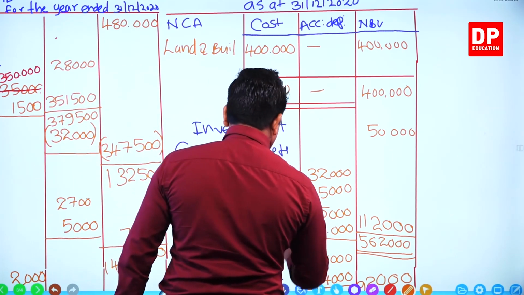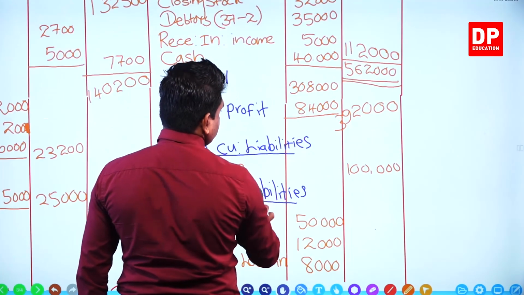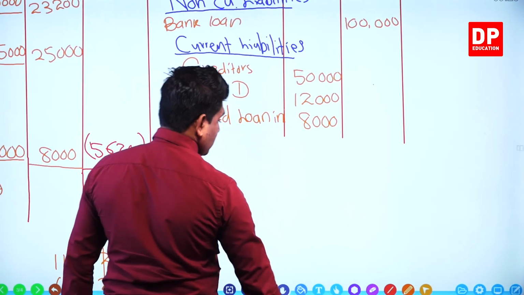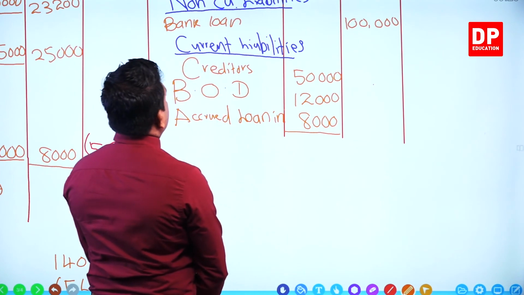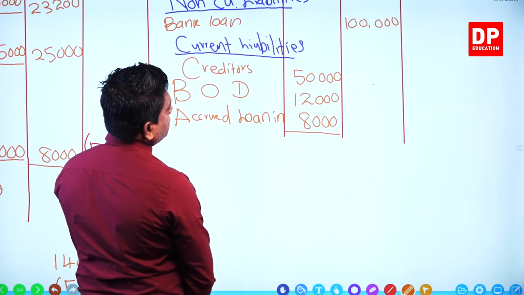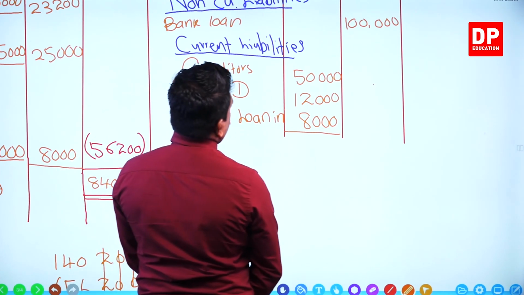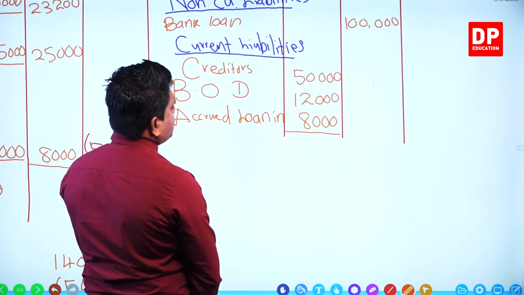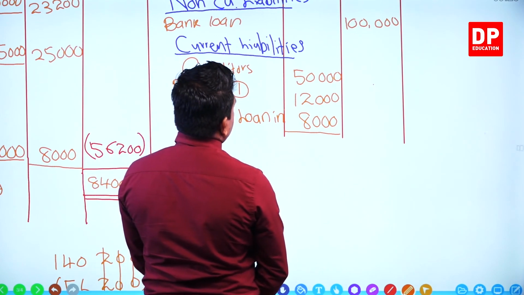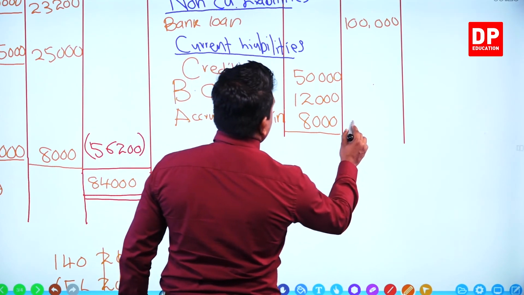Now you go to the upper details. 392,000. Then here you get the total of the current liabilities. Here 50 and 62,000. Then 70,000.